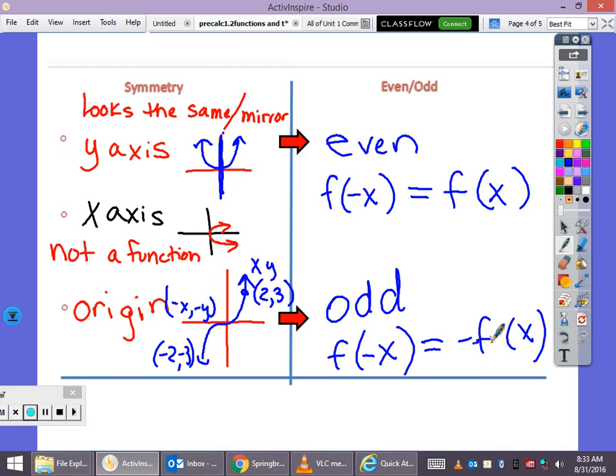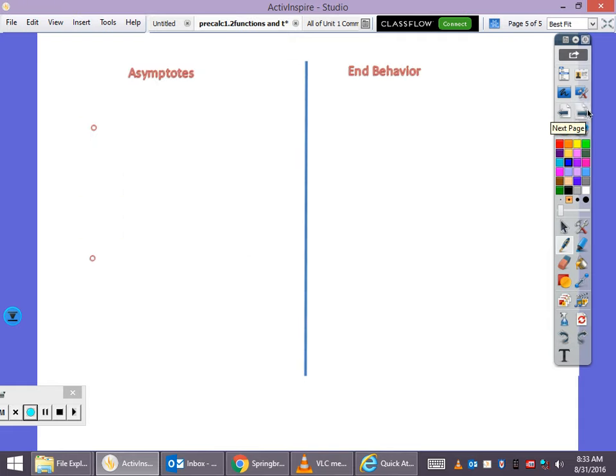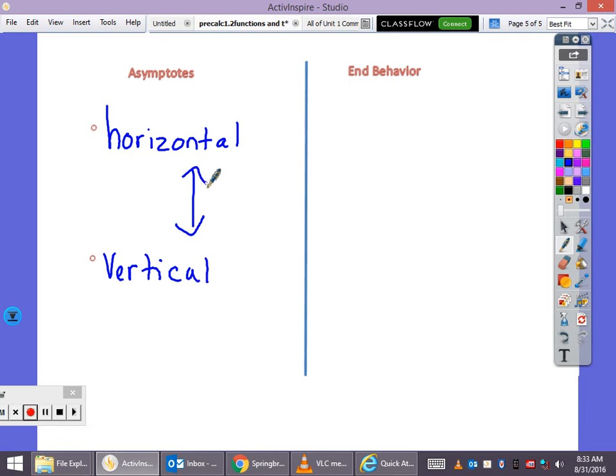All right. What are the two types of asymptotes? Horizontal and vertical. And we're just going to make some quick sketches of what that would look like. So horizontal asymptotes run with the horizon.